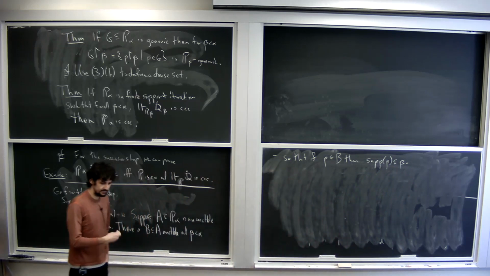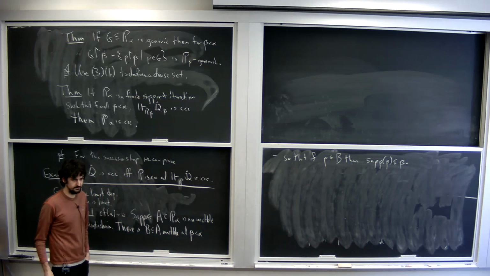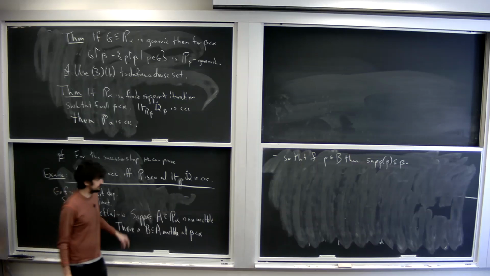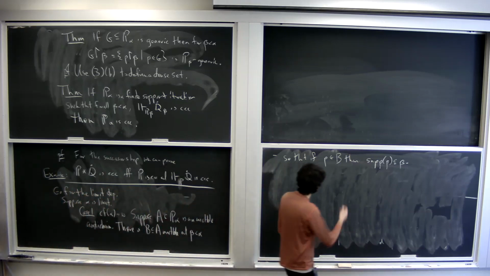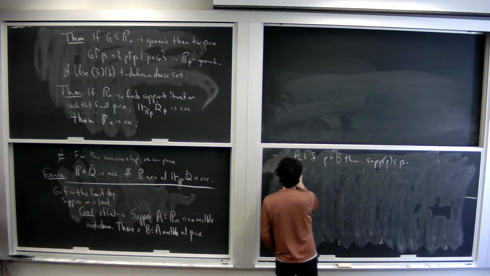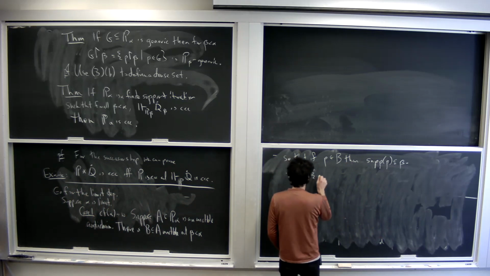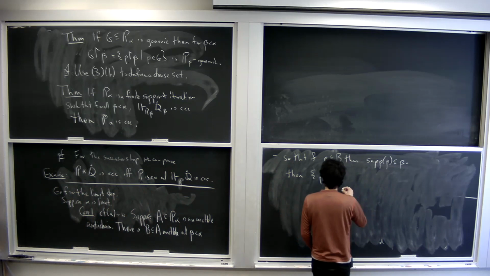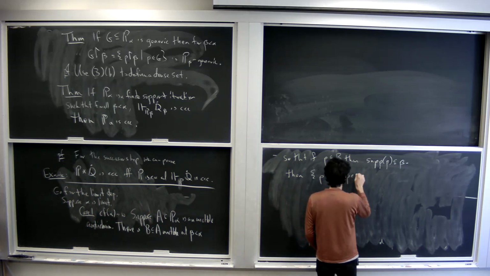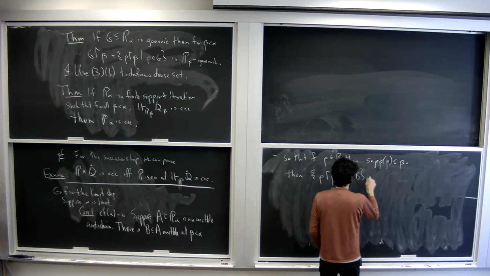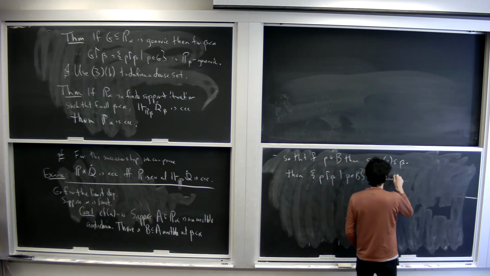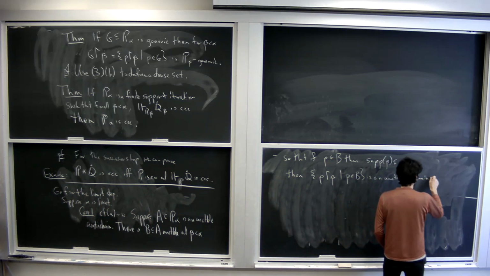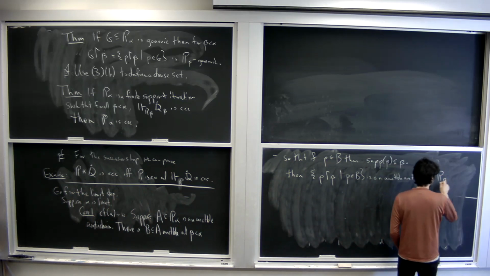All the supports are finite, and so you can fix a bound because of this cofinality omega assumption. But then this collection of p restricted to beta, for p in B, is an uncountable anti-chain in P beta.